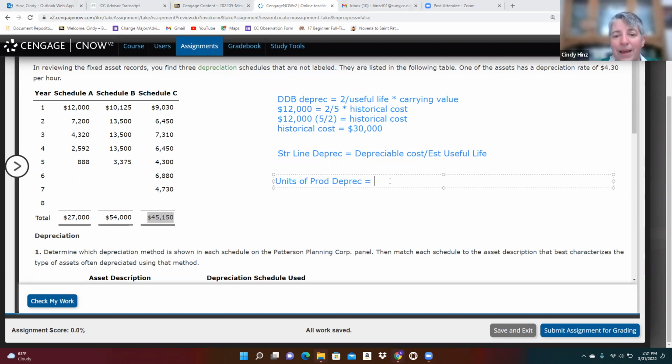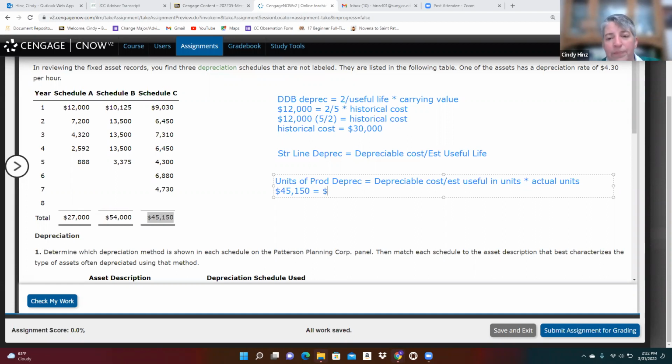So to find that units of production depreciation, we take the depreciable cost and we divide by the estimated useful life in units. And then we multiply by the actual units used. We can see in that table that the total depreciation that I have highlighted right now was $45,150.